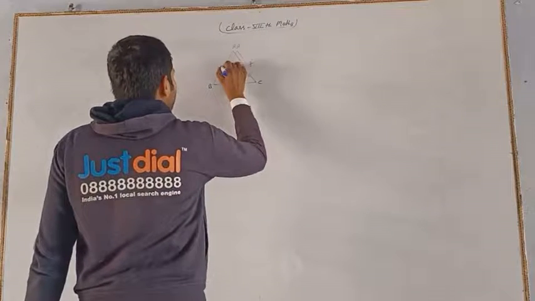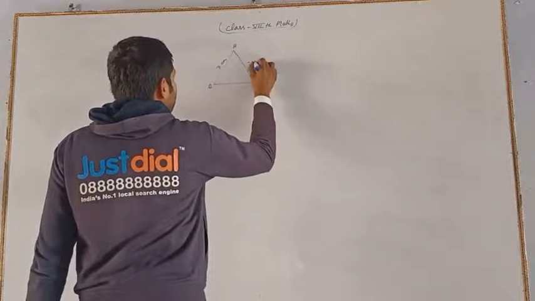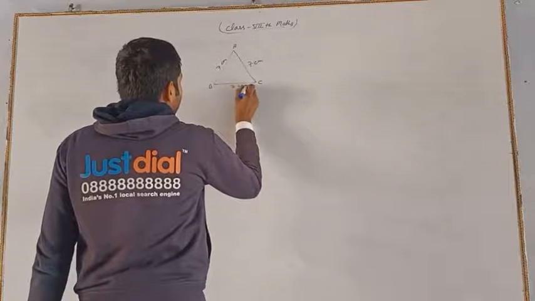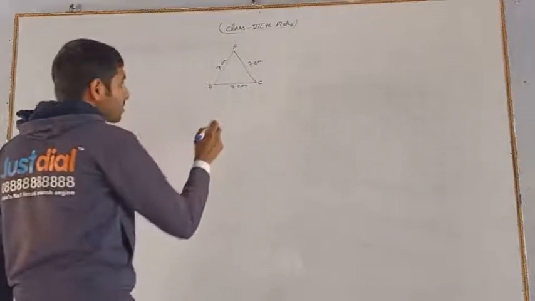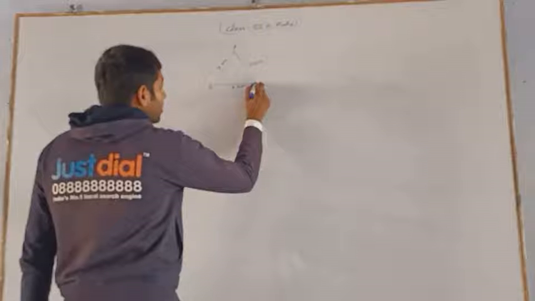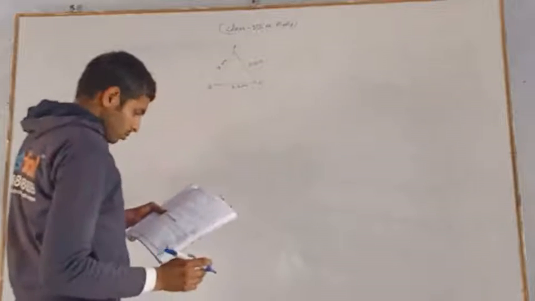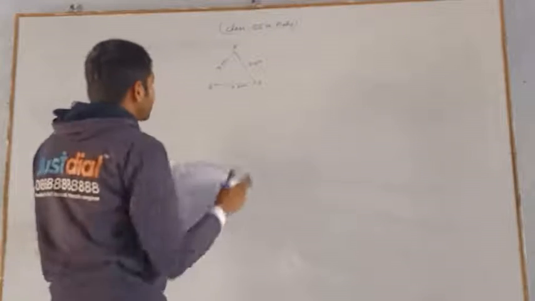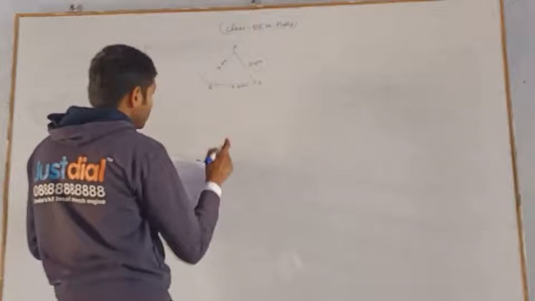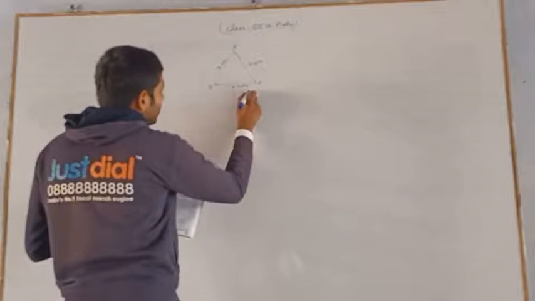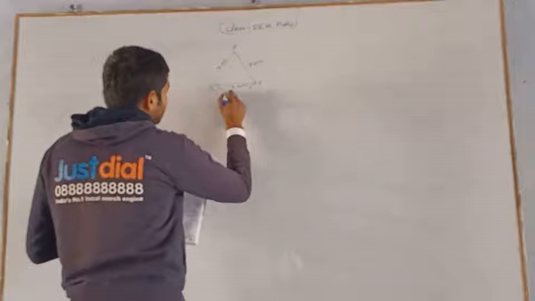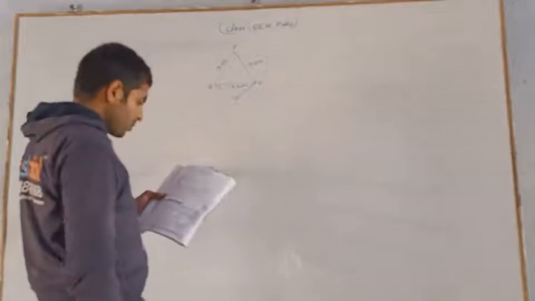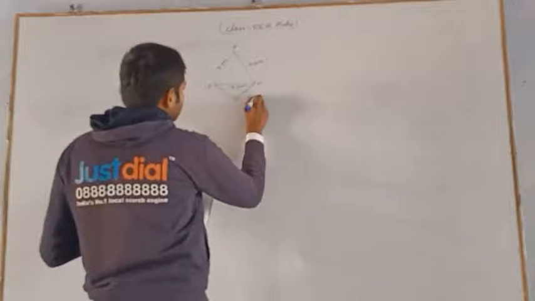So this is 7 cm, this is also 7 cm, and this is also 7 cm. We have to draw lengths DC and DB from point D, 3.5 cm each.